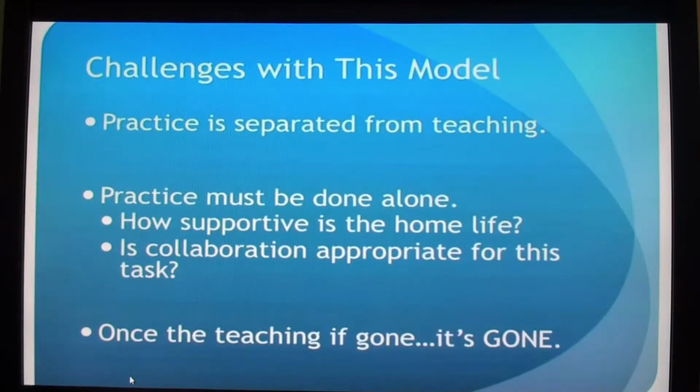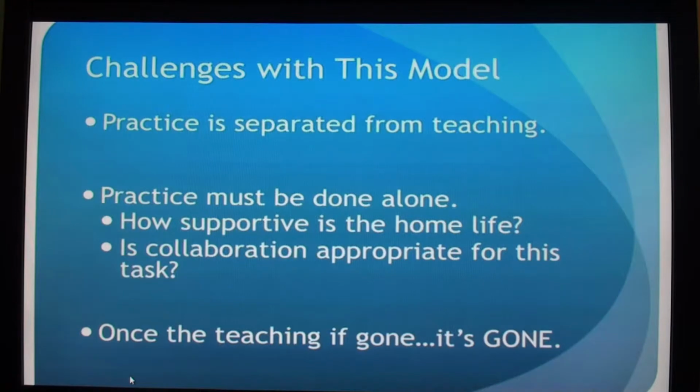There are some challenges with this model. No model of teaching is perfect by any means, nor will it reach every single student. This traditional model may work for many kids, many schools, many topics and skills. There are some downsides to this though. One is that practice is separated from the teaching.